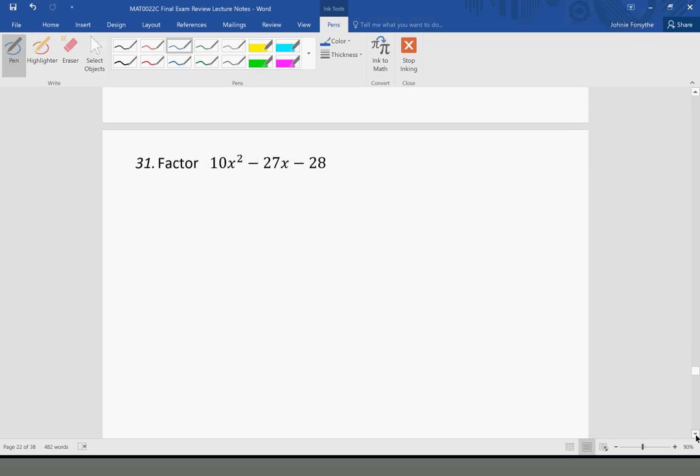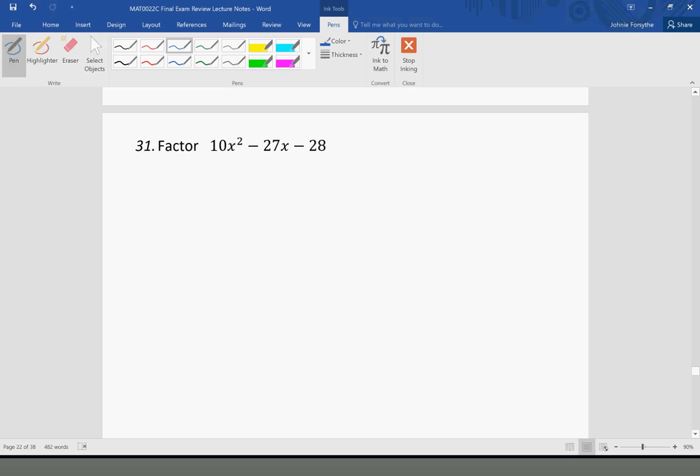Okay, let's factor some more. So this is like a really big factor problem. I'm not sure why this is what I picked, but I picked it, so let's go. So we have 10x squared minus 27x minus 28. Okay.